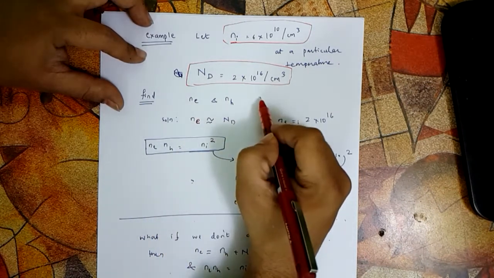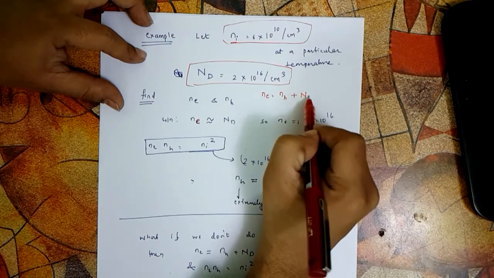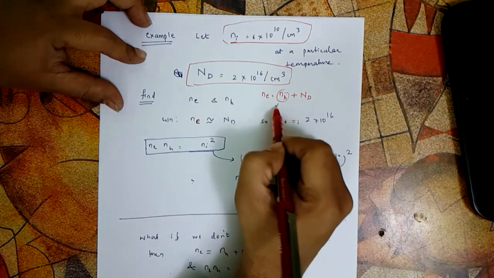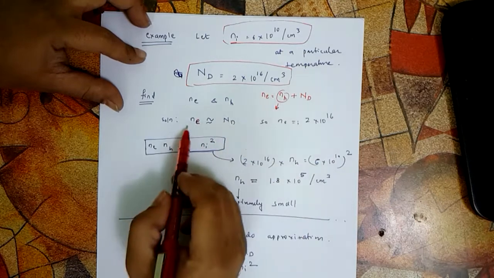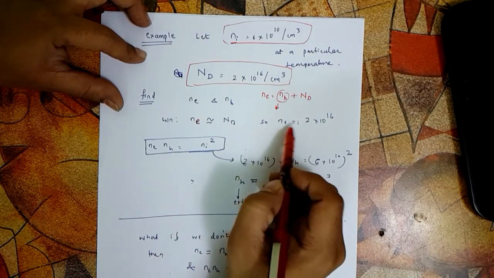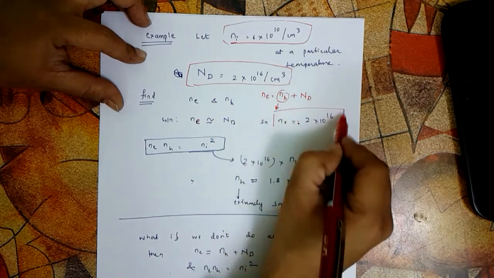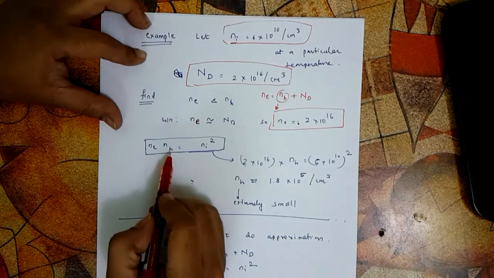Now we know that number of electrons will be equal to the number of holes plus Nd. But we know that this is negligible, and so Ne is nearly equal to Nd. So how many electrons are there? The number of electrons is, what is Nd? This. Let's calculate the number of holes.